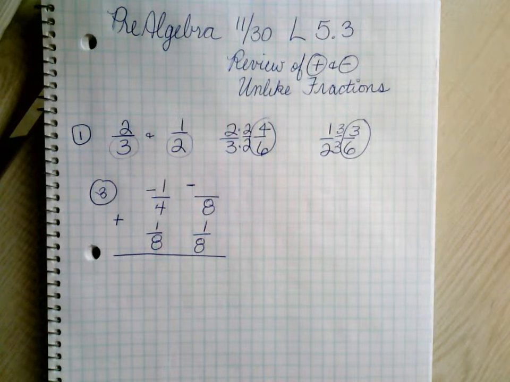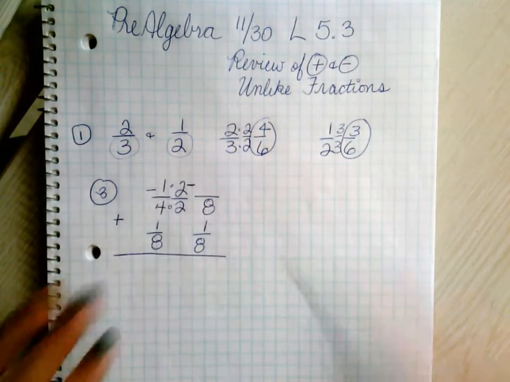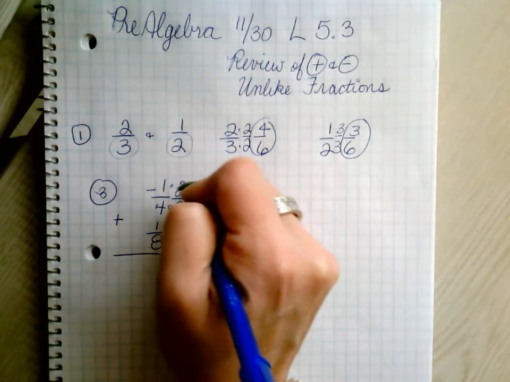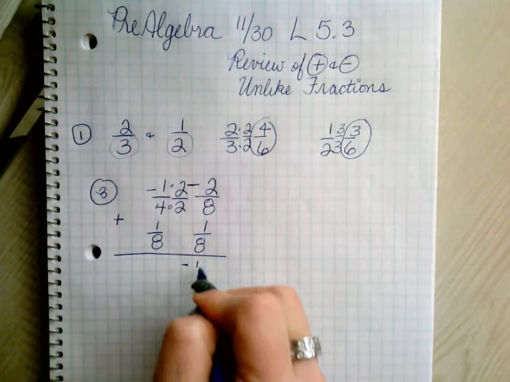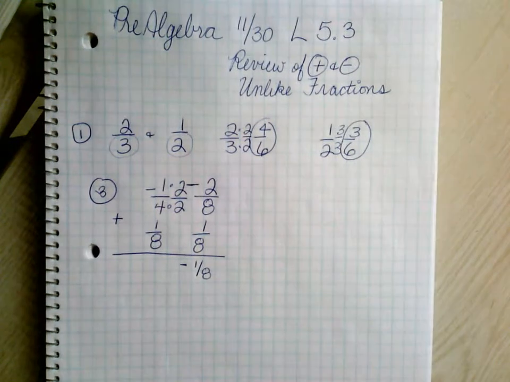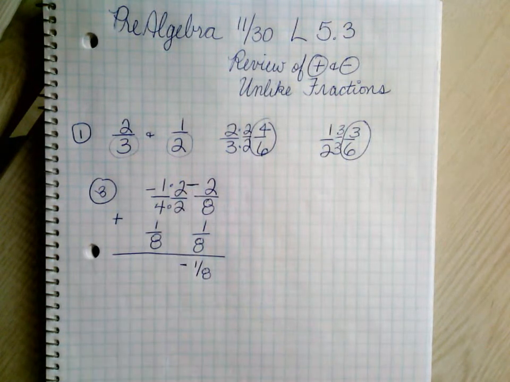We're not changing the sign, we're simply renaming the fraction. We will multiply that fraction by 2/2, resulting in -2/8. A -2/8 combined with a positive 1/8 is a -1/8. Everybody remember that? When you're combining negatives and positives, you find the difference and keep the sign of the larger of the two. That's number 3.